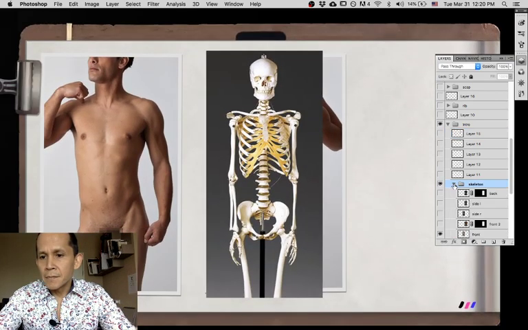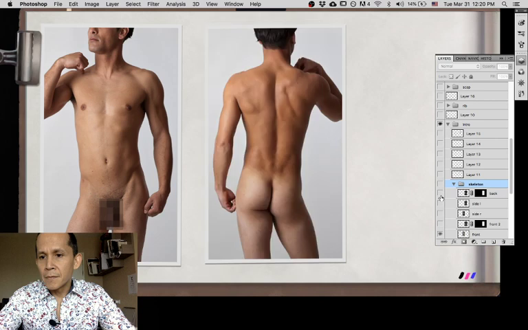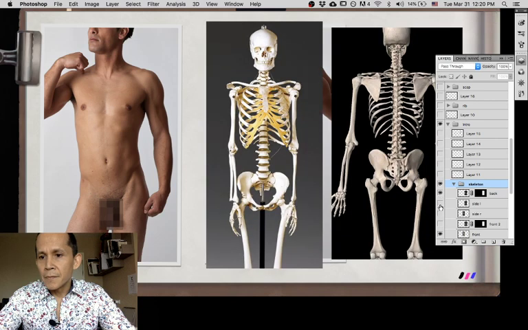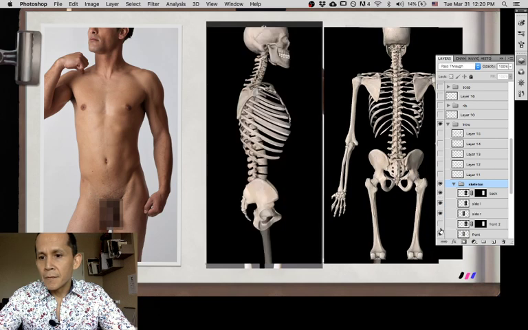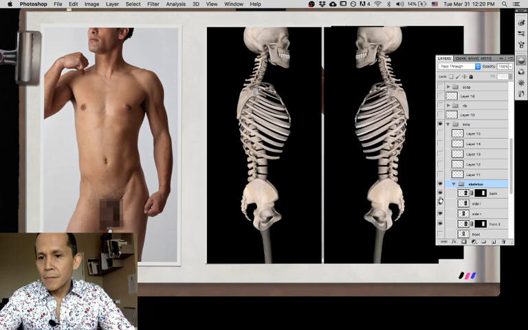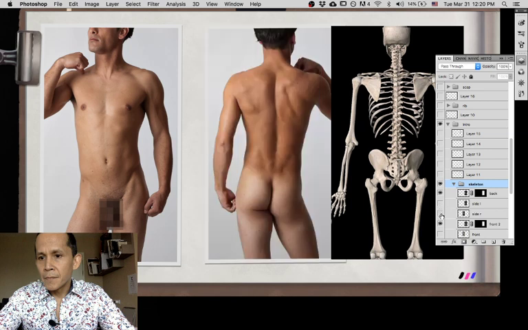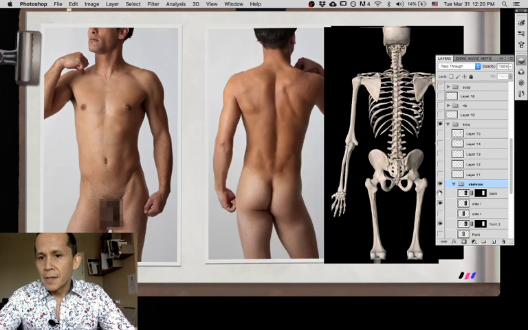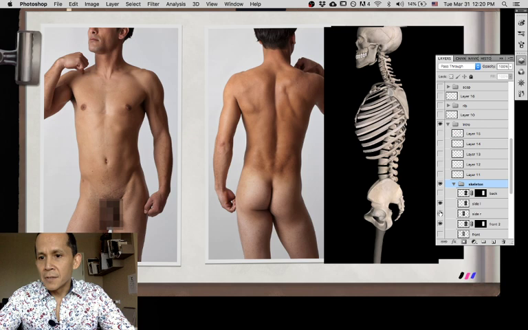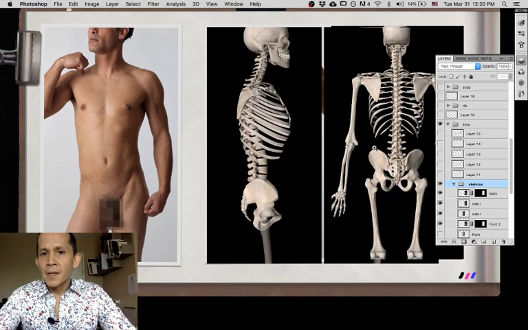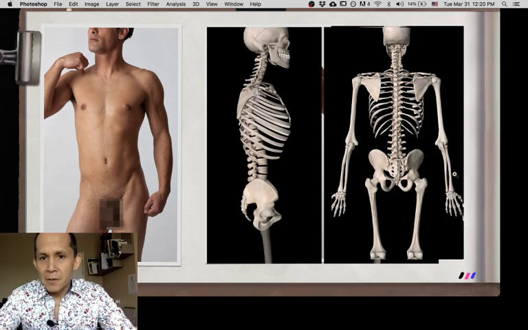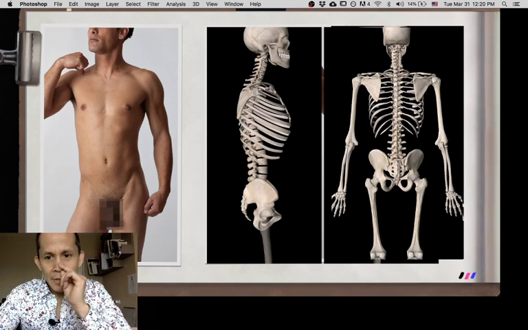These images came from an app called Essential Skeleton. It's a really nice model they use.